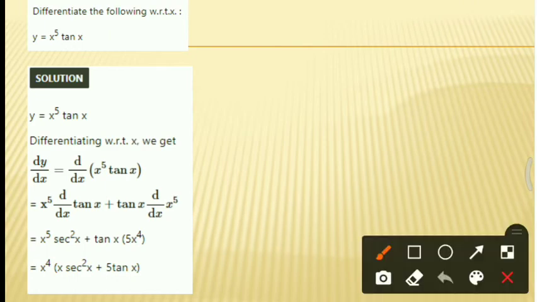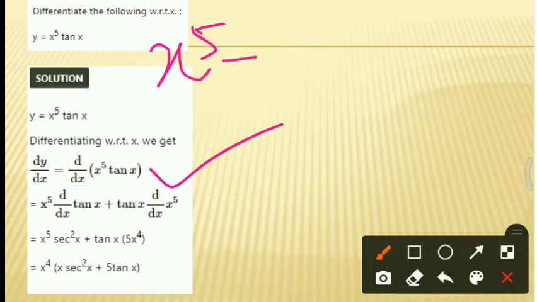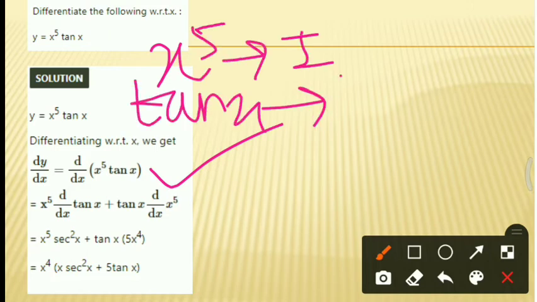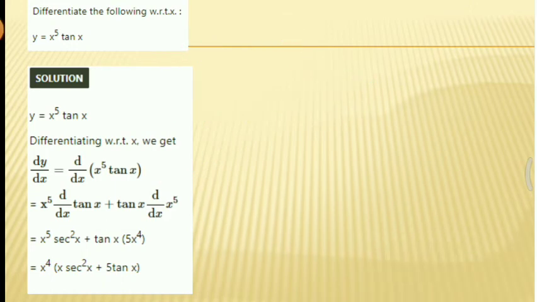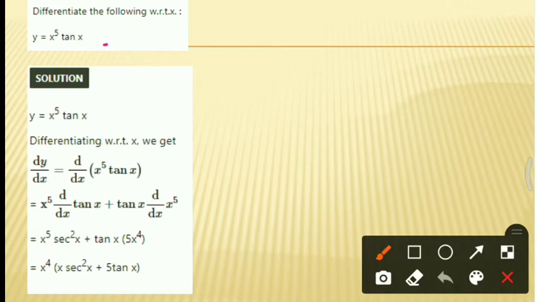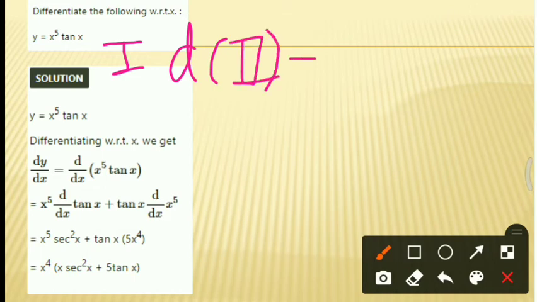Differentiating with respect to x, we get dy by dx is equal to d by dx of x raised to 5 into tan x. Now, suppose this x raised to 5 is the first function and tan x is the second function. Then, by using the first into second rule, we will recall the rule again: first into derivative of second plus second into derivative of first.